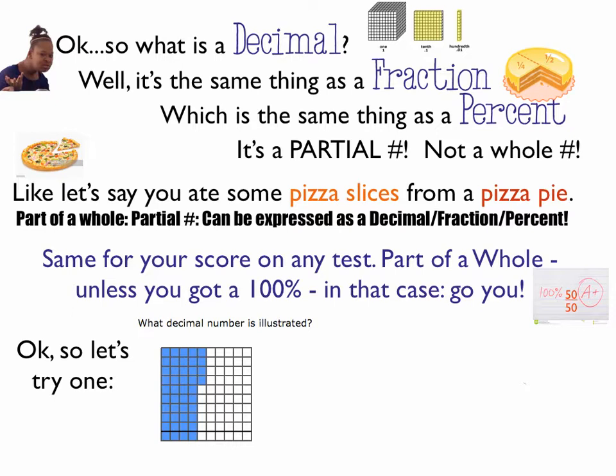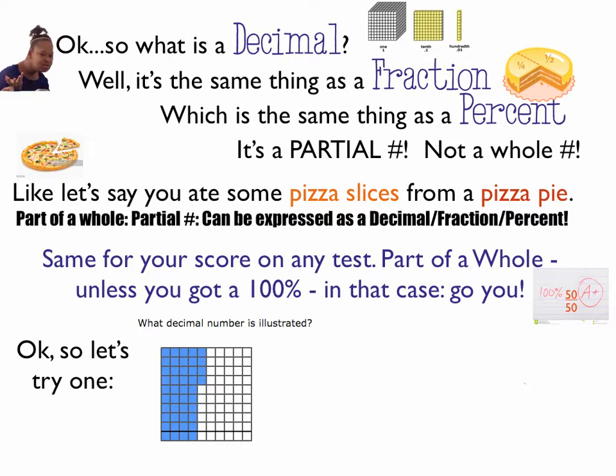So that's 10, 20, 30, 40, 41, 42, 43, 44. Okay, so 44 out of a total of 10, 20, 30, 40, 50, 60, 70, 80, 90, 100. Okay, so that would be 44 out of 100 total mini squares that make up the whole entire box, right?